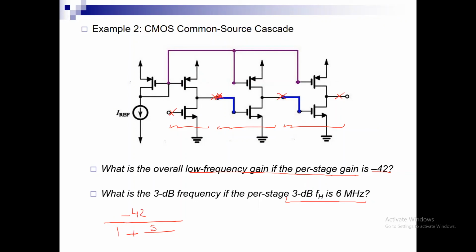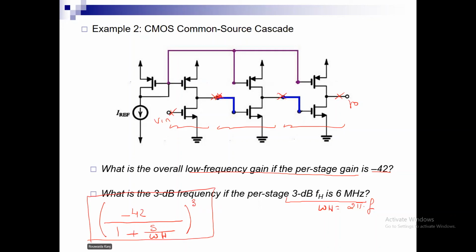We're going to find omega h from it, which is 2 pi times F. So the overall gain of the system, from V in to V out, is the product of these terms. So really, it is this function cubed. This is my overall gain.